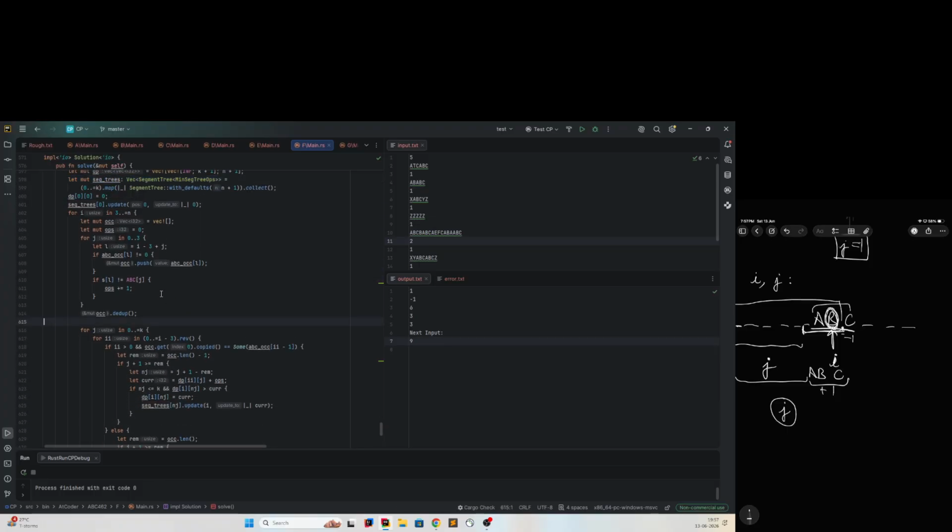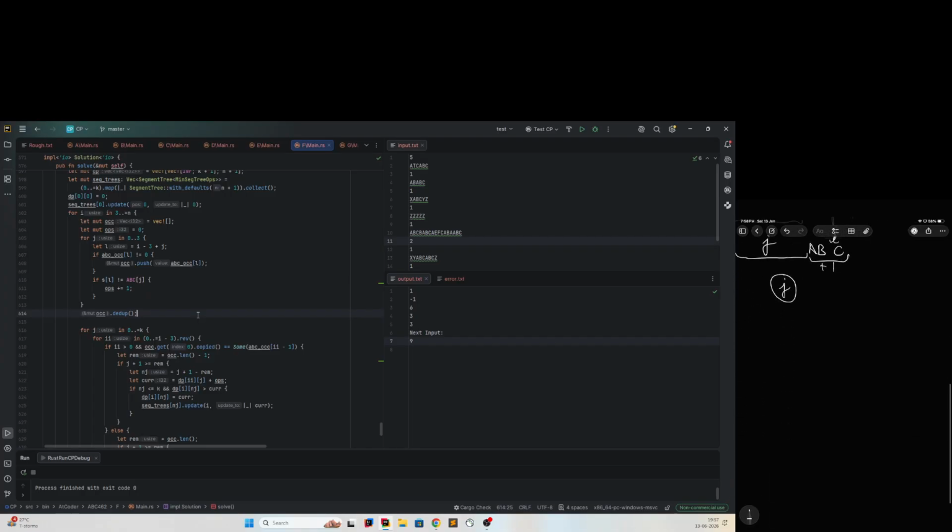I'll explain it later. But the reason I have done that is, let's say we have A, B, C, something, something, and we are here. i is this, and j is for this section. J new substrings are for this section.